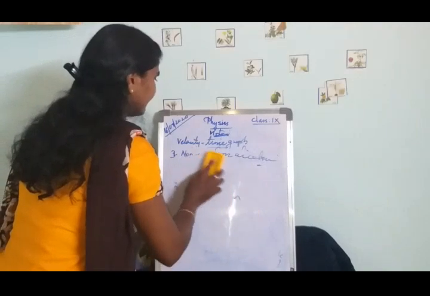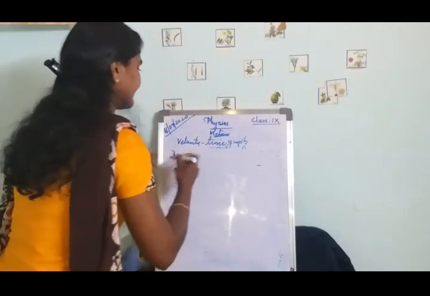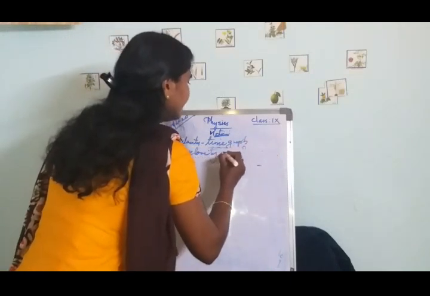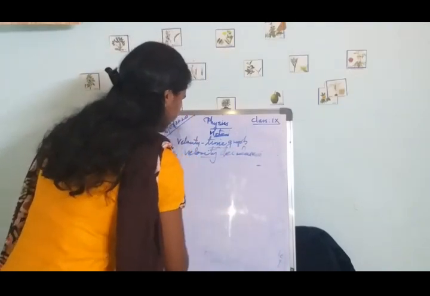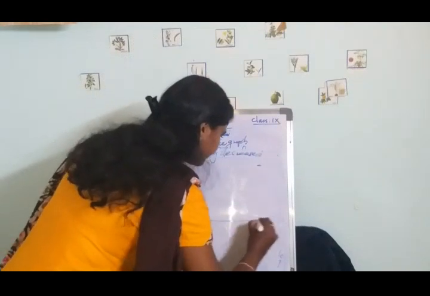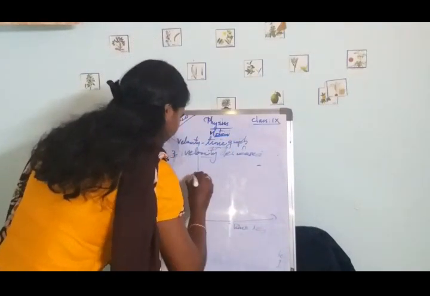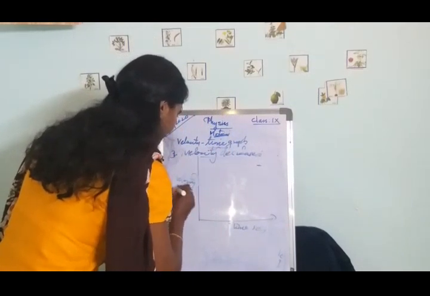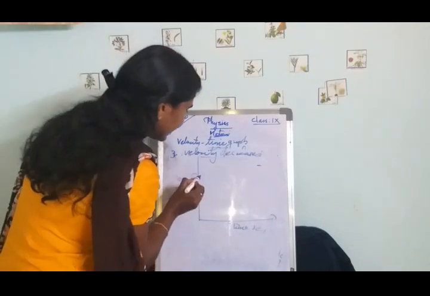The next is the velocity time graph for an object whose velocity is decreasing with time. How does the velocity time graph look? Time in seconds here also, velocity in meters per second. Here as time passes the velocity is decreasing.